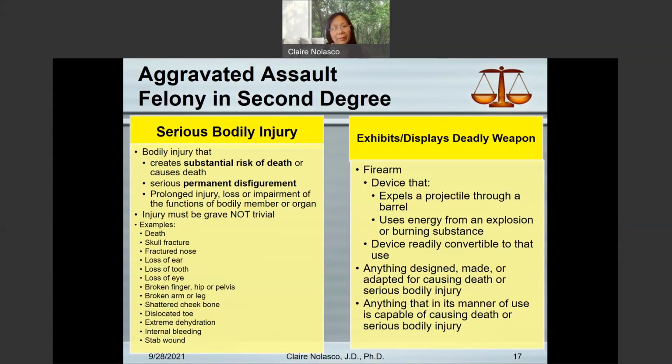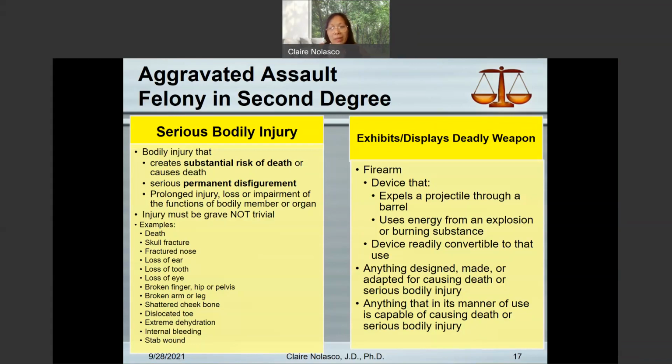The second form of aggravated assault is exhibiting or displaying a deadly weapon. So how do we know if a weapon is a deadly weapon? A deadly weapon is, first, a firearm. A firearm is a device that expels a projectile through a barrel and uses energy from an explosion or burning substance. Or it can be any device readily convertible to that use.